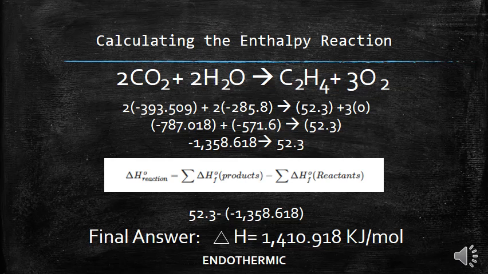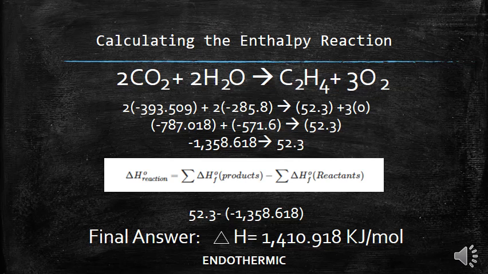And with the equation that I discussed with you before, which is the change in heat of reaction equals the sum of the change in heat of the products minus the sum of the change of heat of reactants. So basically what we're going to do is we're going to take the products, which are usually in the back of the equation, and we're going to move that up to the front, and we're going to subtract the reactants from the products.